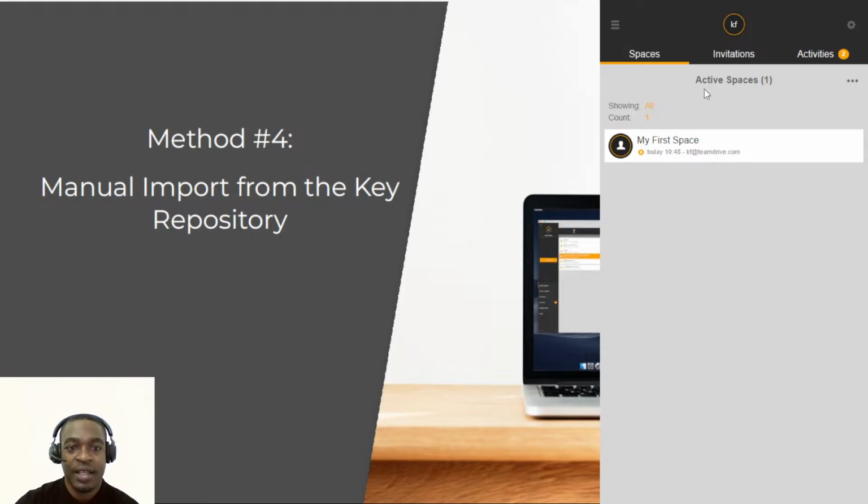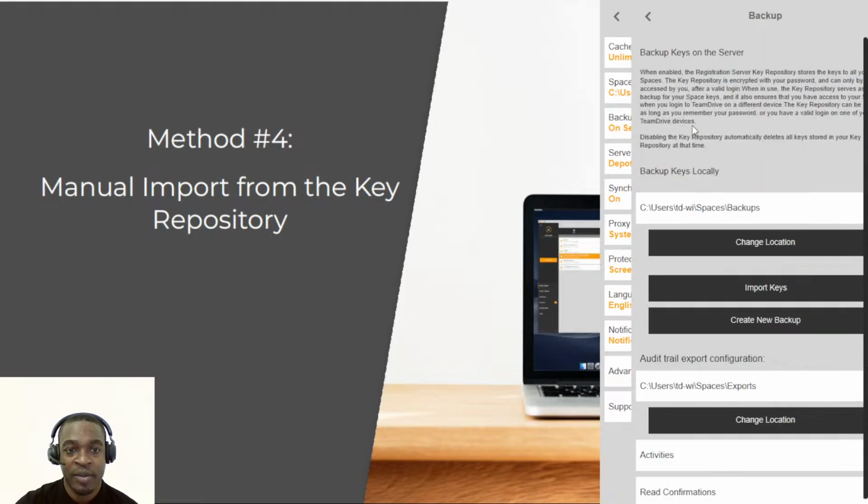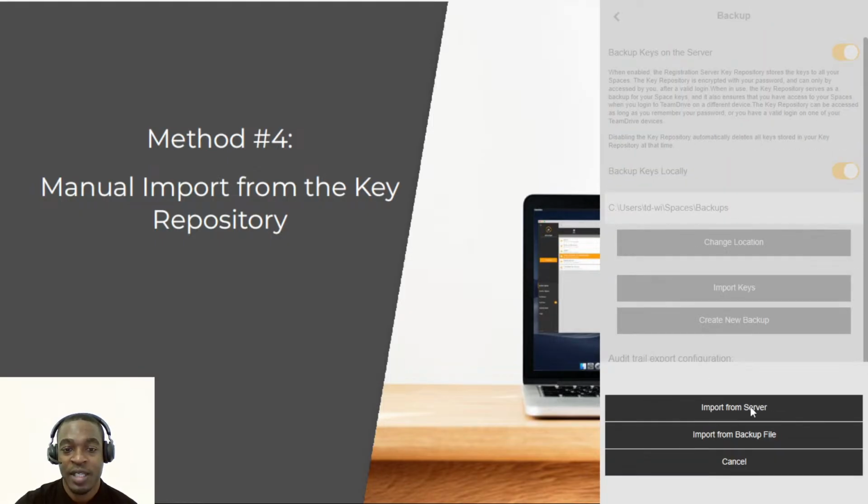And to import from this key repository, we go back into the settings. From there, we go to backup. And again, we click on import keys. This time we want to import from the server.